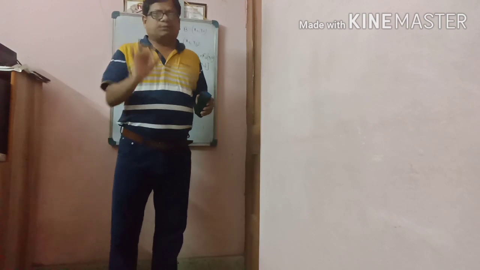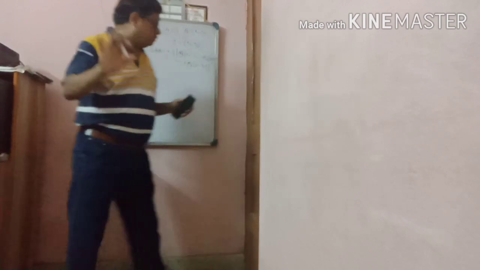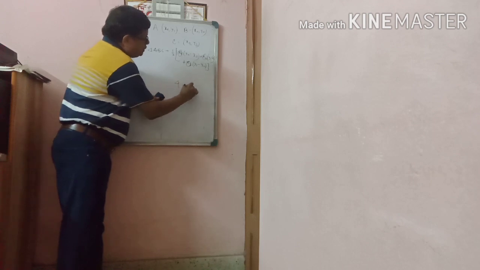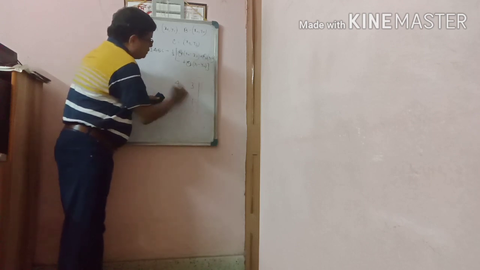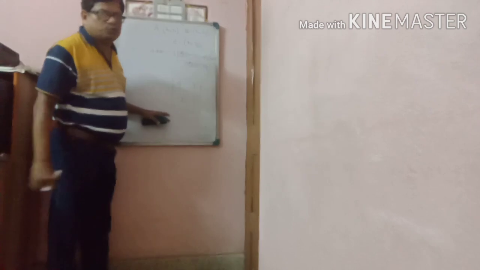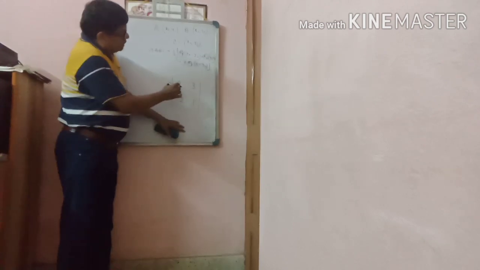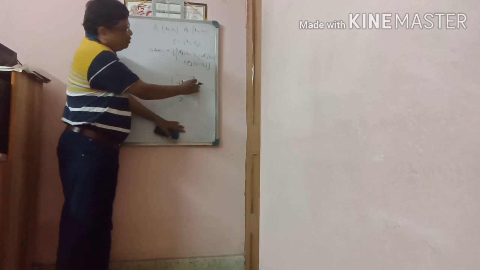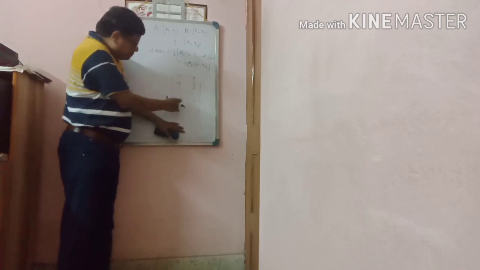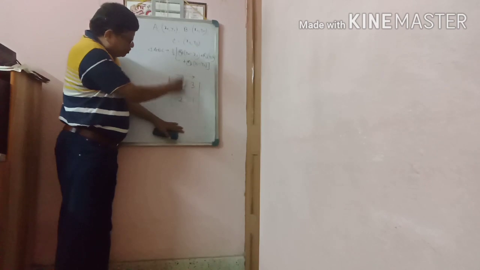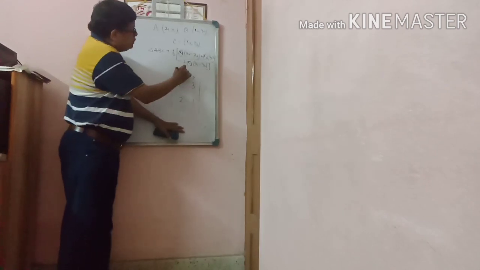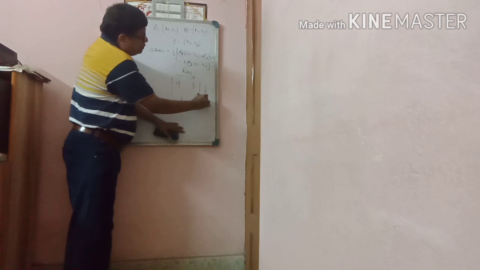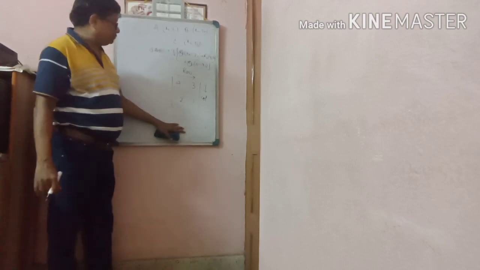Suppose I am giving a simple example. Look at here. Suppose 4, 3, 2, 1 is given. What is the value? This is a row, horizontal, and this is vertical. That side will be a column.